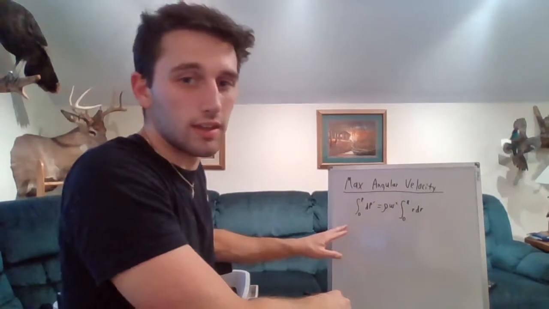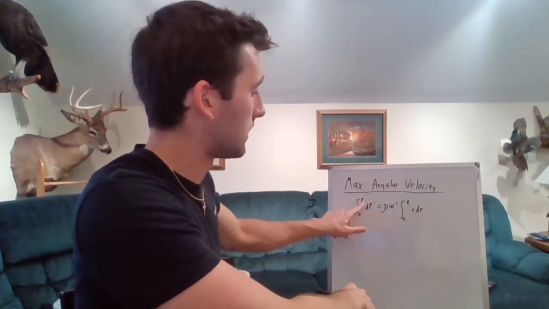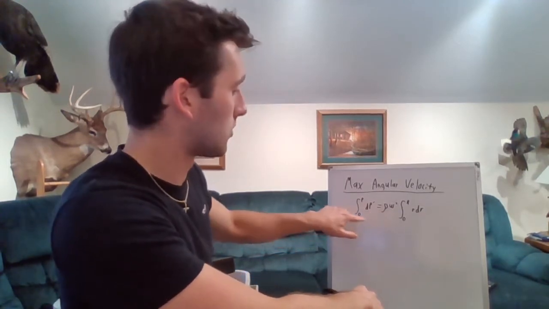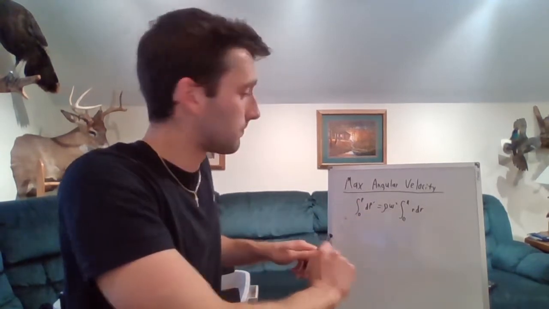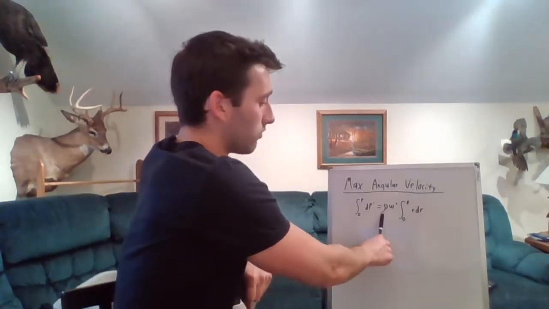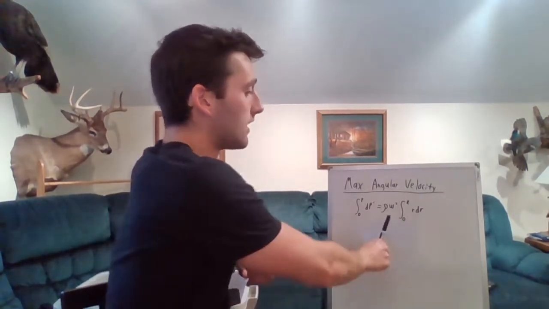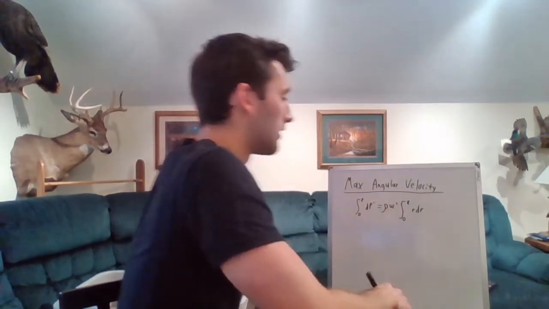So what we get is the integral from 0 to big P of dP prime, and this P prime is just so we know that this P and this P are different. The rho W squared are constants, so we can take them out of the integral, and this is from 0 to big R of r dr.